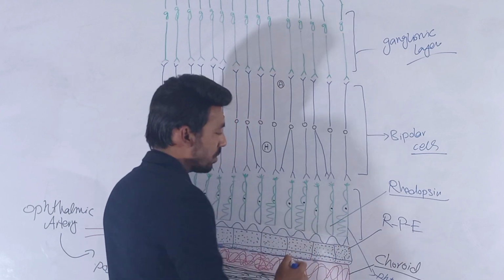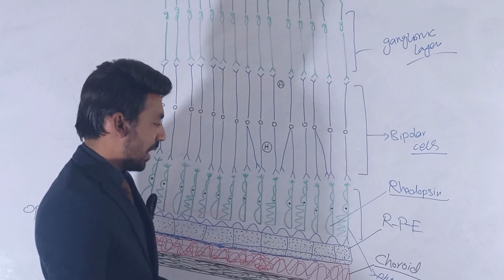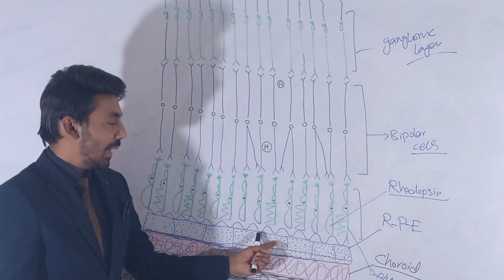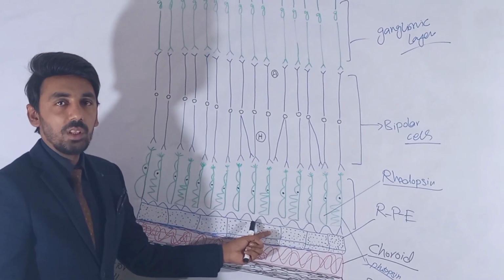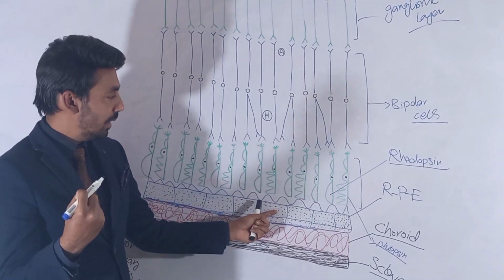So these are the most sensitive to the light. And if the light is very excessive, as we have discussed, the melanin of the retinal pigmented epithelium captures or absorbs the excessive light, right?